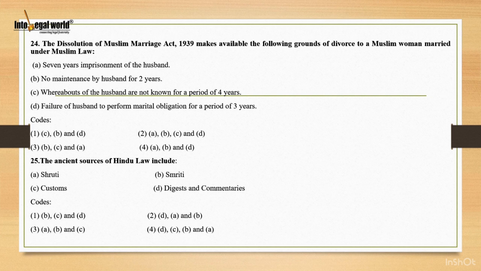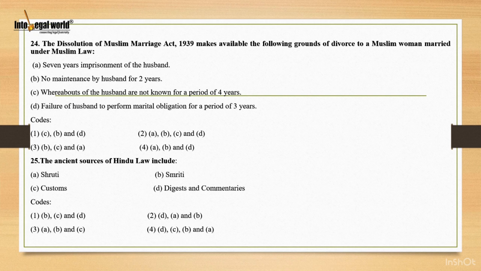Question 24. The Dissolution of Muslim Marriages Act 1939 makes available the following grounds of divorce to a Muslim woman married under Muslim law. So the availability of a ground where a Muslim woman can seek divorce under Muslim law. Seven-year imprisonment of the husband. No maintenance by the husband for 2 years.